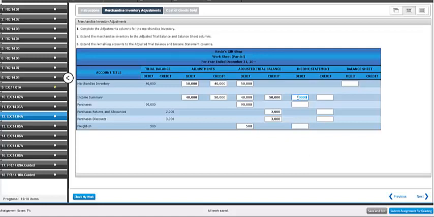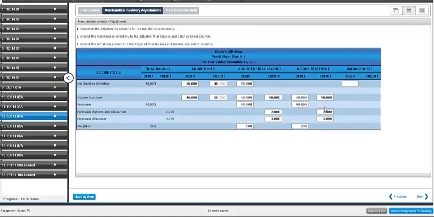So 40,000 and 50 will just be carried right over. The 90,000, the returns and allowances, and the discounts, and also the freight.